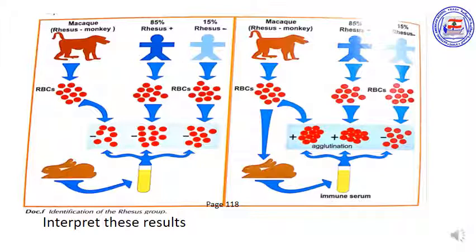Of course, it is given in the experiment that agglutination is the reaction between the antibody and its specific antigen. So we can know that when agglutination occurs, this means that an antibody is present in the serum. So this experiment shows that anti-rhesus antibodies are only produced when a rhesus-negative individual is in contact with the blood of a rhesus-positive individual.